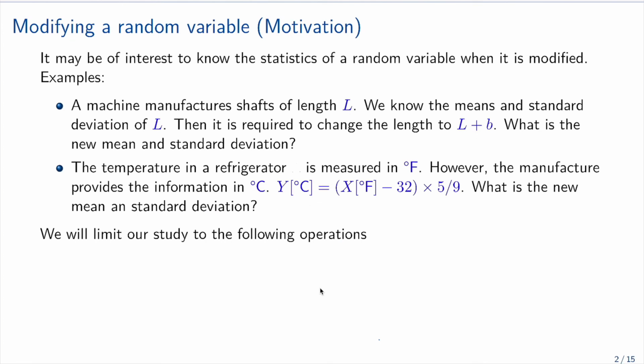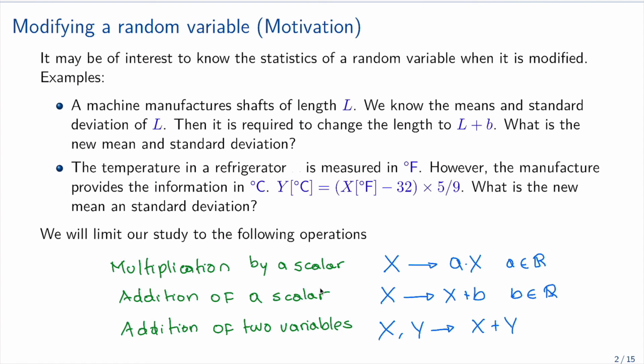Another example. The temperature in a refrigerator is measured in Fahrenheit. However, the manufacturer provides the information in Celsius. So we have an equation, which is a linear equation, to transform from Fahrenheit to Celsius. But what is the new mean and standard deviation? We will limit our study to the following operations.